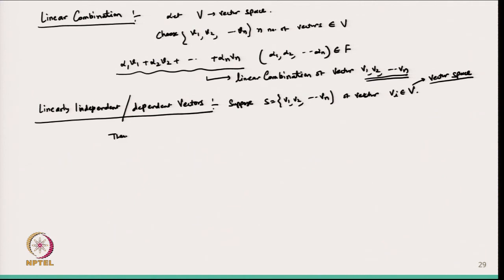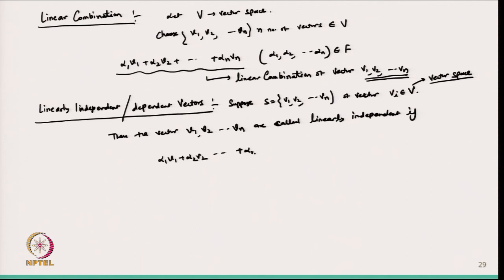Then the set of vectors V1, V2, Vn are called linearly independent if I take the linear combination alpha 1 V1 plus alpha 2 V2 up to alpha n Vn.